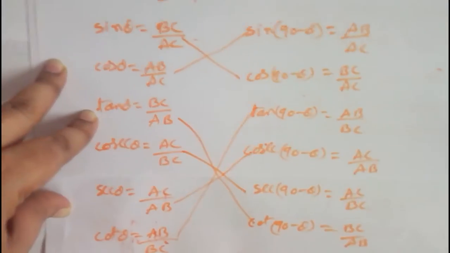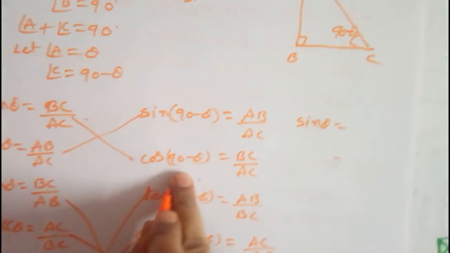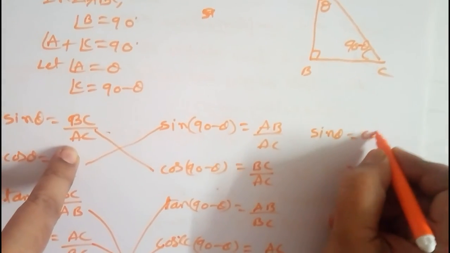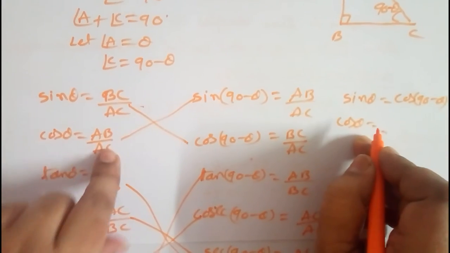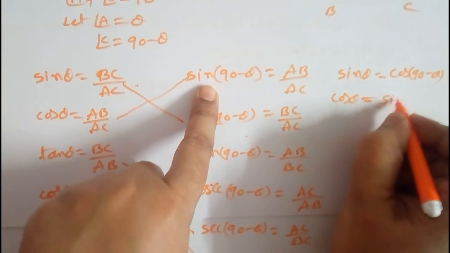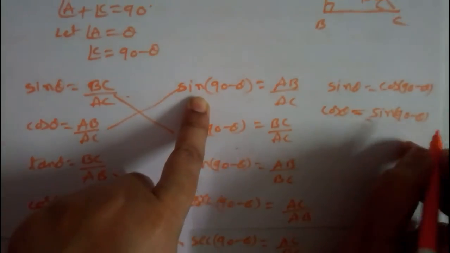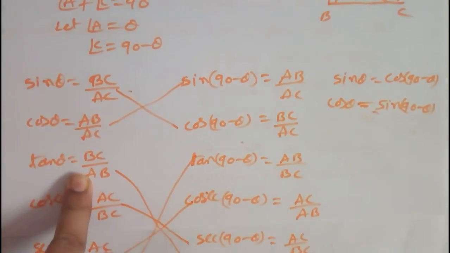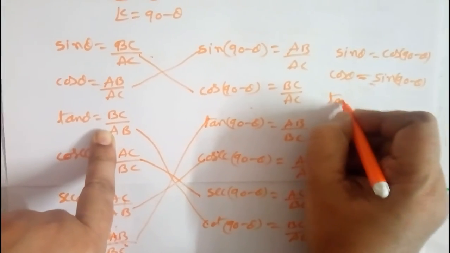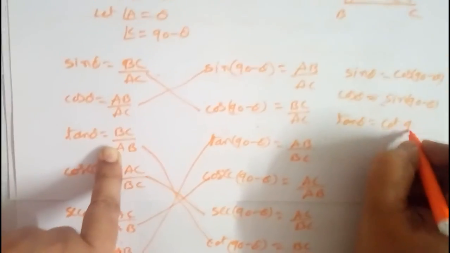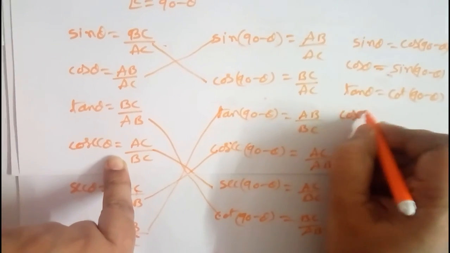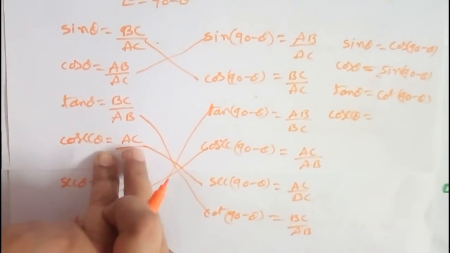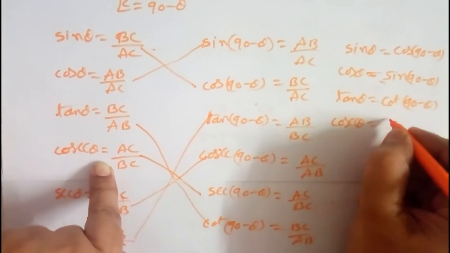So from this we can understand that sin theta is equal to cos of 90 minus theta. Cos theta is equal to sin of 90 minus theta. Tan theta is equal to cot of 90 minus theta. Cosecant theta is equal to secant of 90 minus theta.